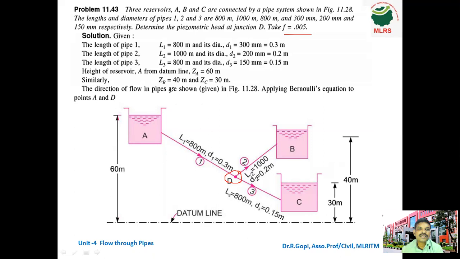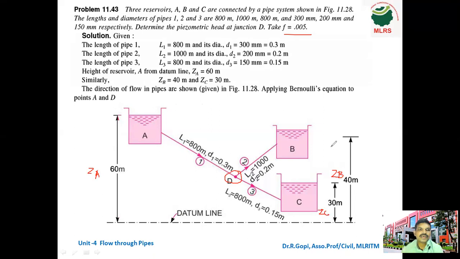The height of the reservoir ZA is 60 meter, ZB is 40 meter, and ZC is 30 meter.